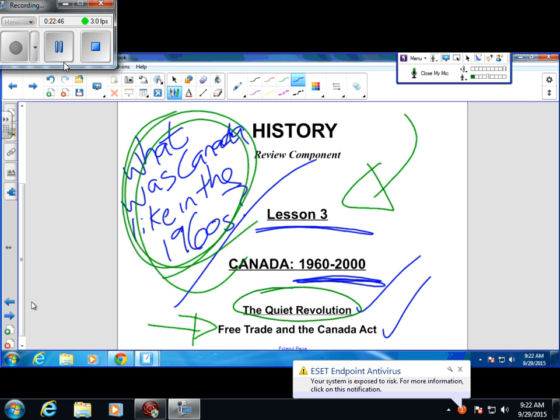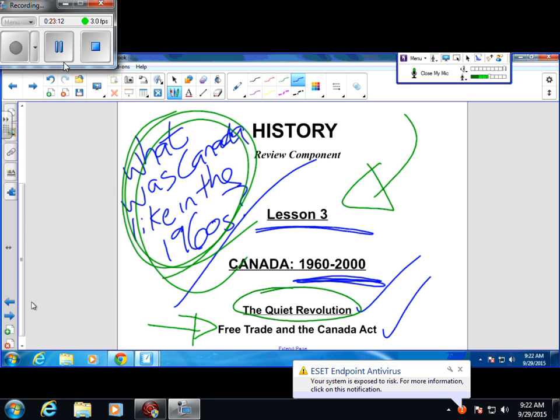For example, I'm going to talk about some examples. This is not in your textbook, by the way. Just for some background knowledge, in 1962 the immigration policy was reformed, where Canada wanted skilled laborers, and they started to allow new immigrants into Canada from Asia.